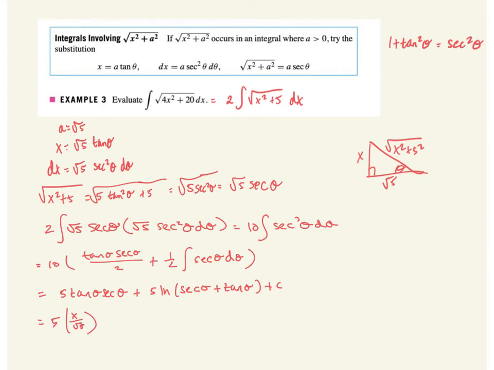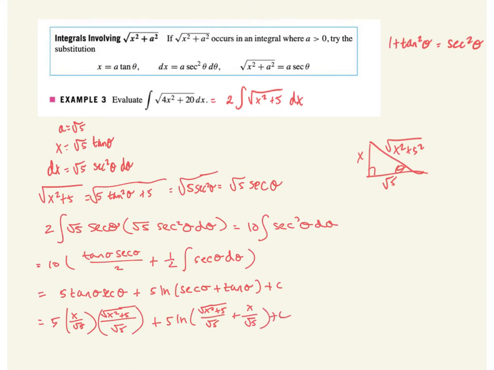Secant theta is going to be root x squared plus 5 over root 5, plus 5 ln of square root x squared plus 5 over root 5 plus x over root 5, plus c.